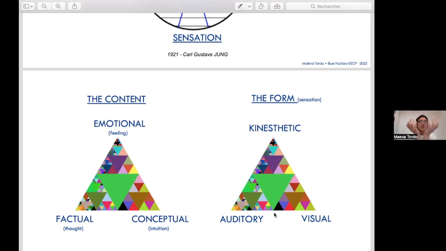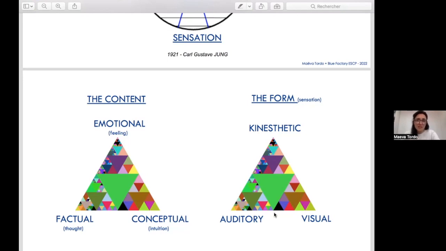So emotion is connected to the feeling capacity, a conceptual message is linked to intuition, and factual is linked to thought. Usually, depending on our education, we are more or less used to presenting something in one of those three ways.